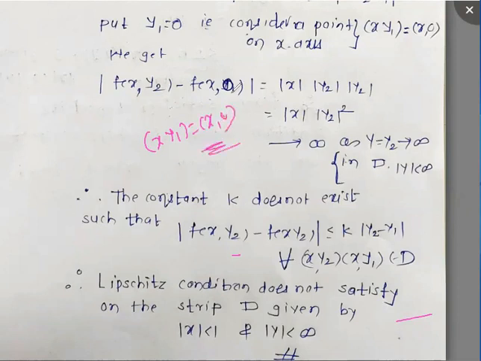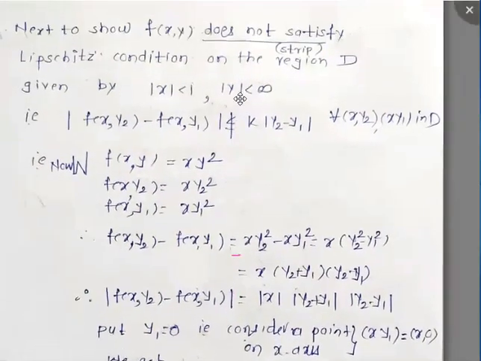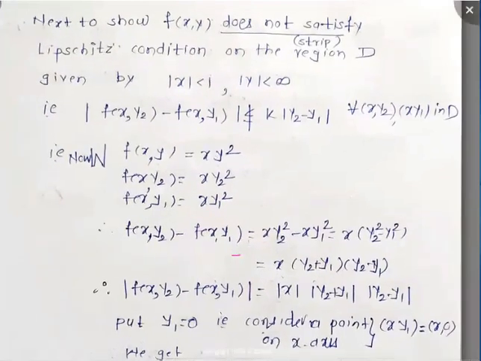For such points, Lipschitz constant does not exist. So that means for all points in the region D, Lipschitz condition does not hold. So Lipschitz condition does not hold for this strip. Using the definition of Lipschitz condition, we have solved this same example.